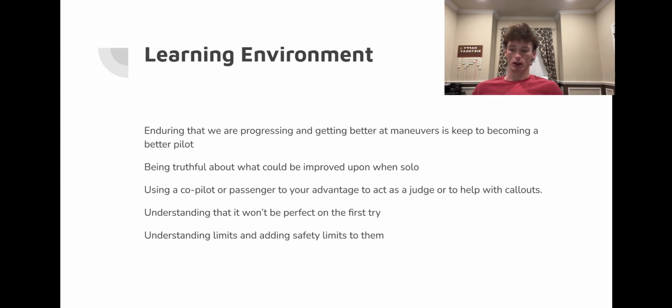Our learning environment. During our maneuvers, while we're learning maneuvers, there's a lot of things that we can do to ensure that we're constantly learning, not just going out, doing a maneuver, and coming back. A lot of that happens with being truthful to what we need to work on. We might go up, do the best steep turn ever, and then we go do 8s on pylons.